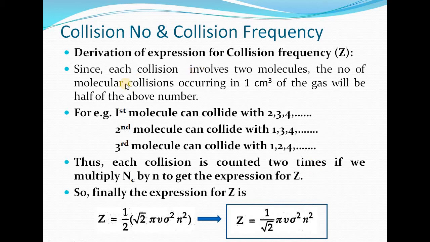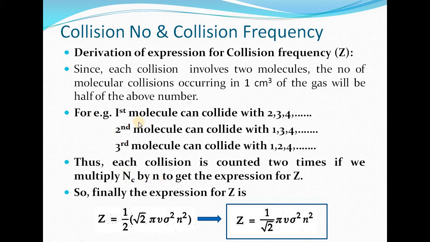How is this? As you very well know, each collision involves 2 molecules. The number of molecular collisions occurring in 1 centimeter cube of the gas in 1 second will be half of the total number of collisions obtained by multiplying Nc by n.